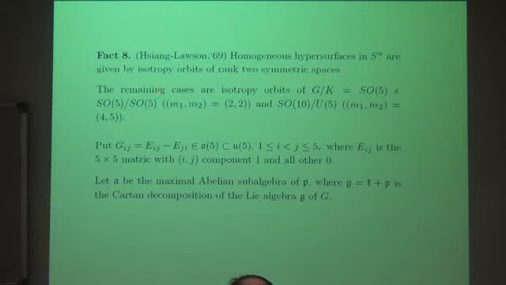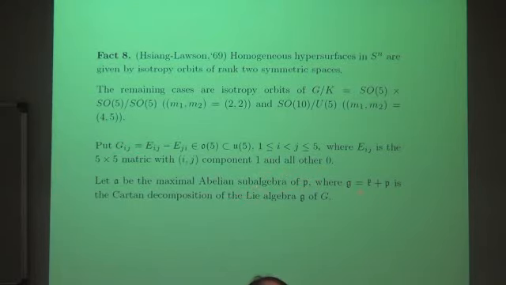So these two remaining cases are isotropy orbits of these two symmetric spaces, SO5 and SO10 over U5, 5-5 matrices in both cases. So we take the standard basis Eij, which means only the ij component is 1, other components are 0, and take the skew basis Gij, and calculate using the root system.